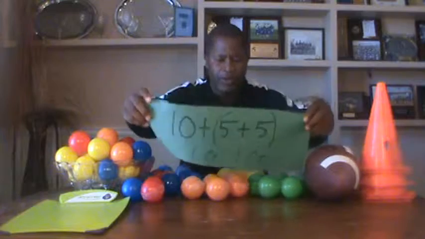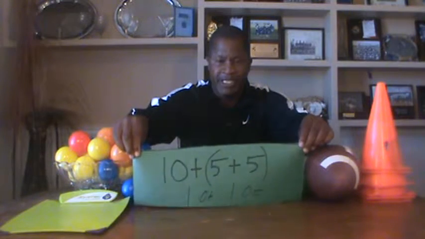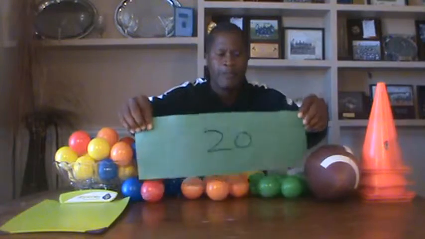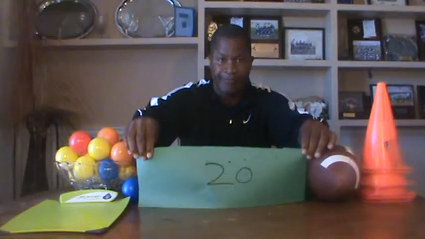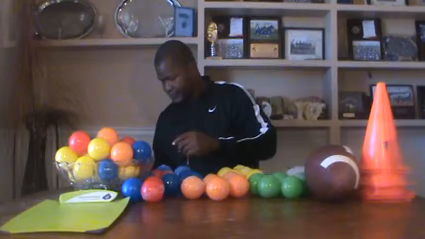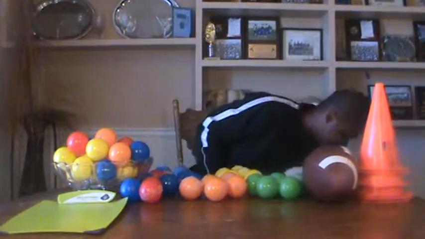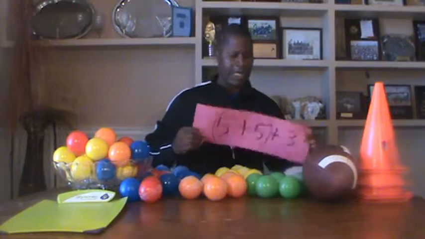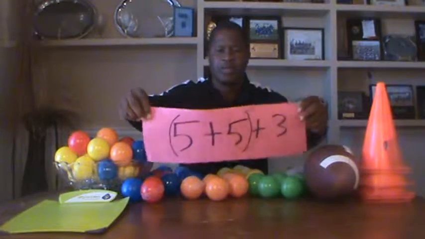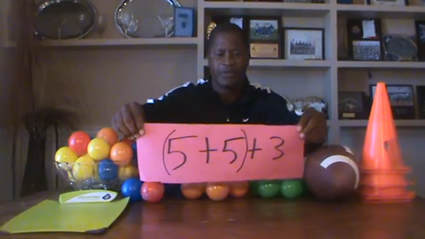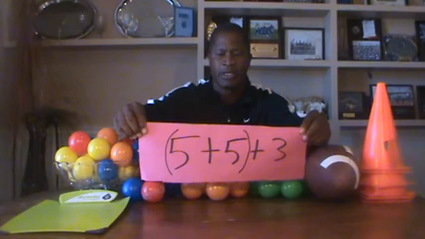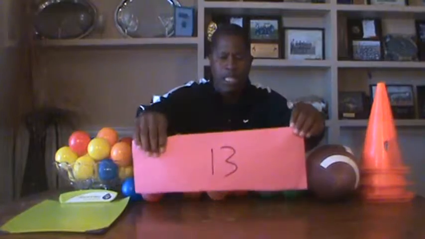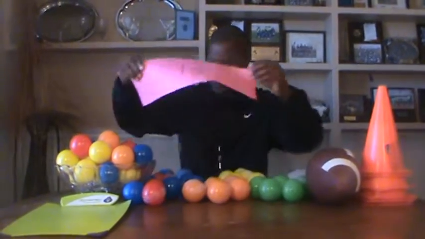You do the bracket first, then you have 10 plus 10, and the answer is going to be 20. Again, do the bracket first. 5 plus 5 plus 3. The answer is going to be 13.